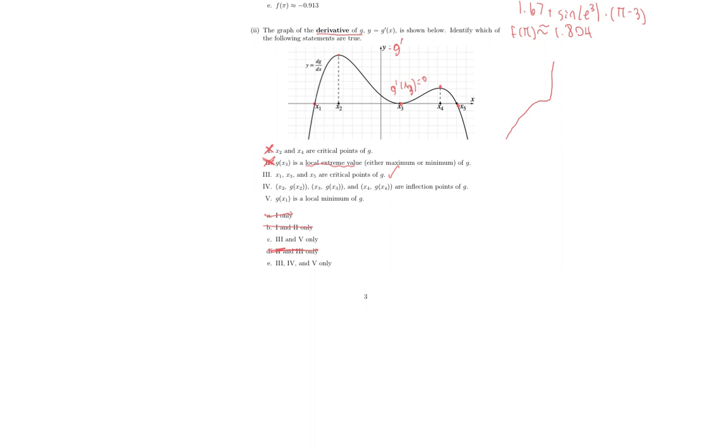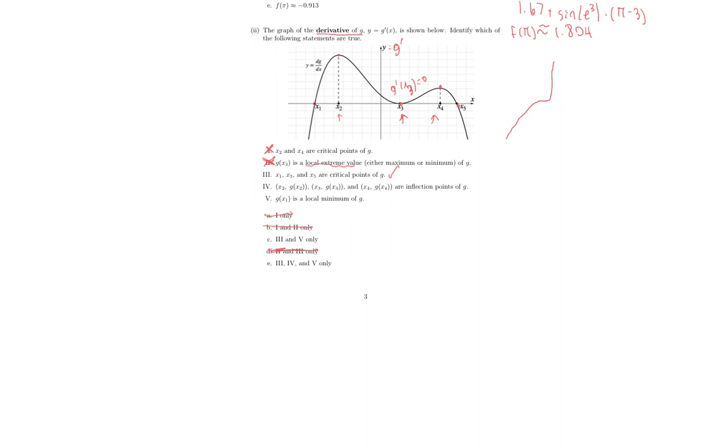x2, g of x2. So basically, at this x coordinate, at this x coordinate, and this x4 is the next one. So x2, x3, x4, and their corresponding y values are inflection points of G. So inflection points are where our second derivative is 0. In other words, where the slope of G prime is 0.